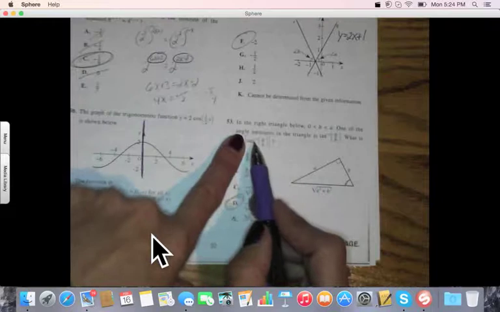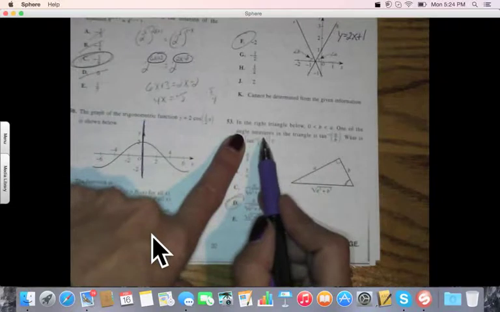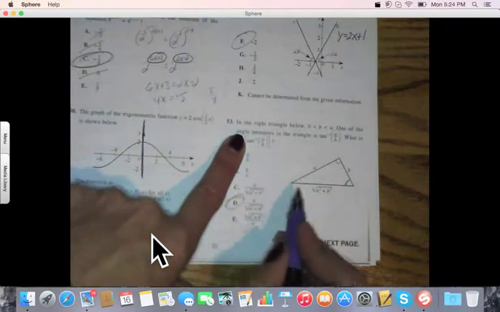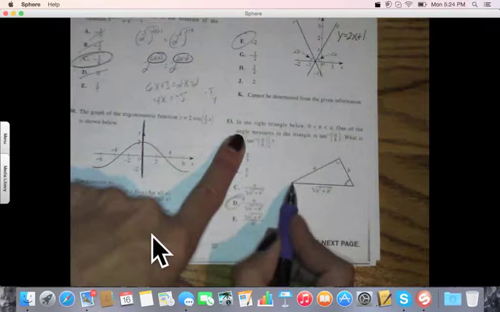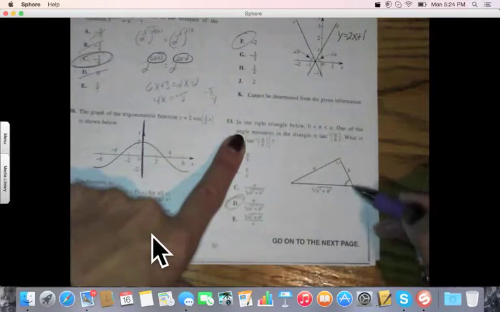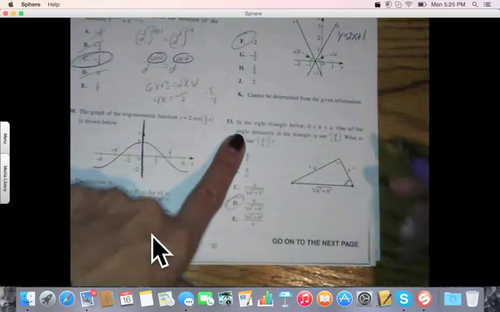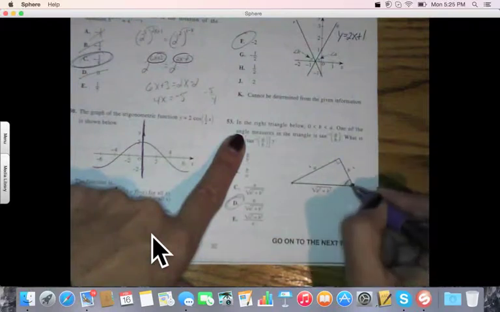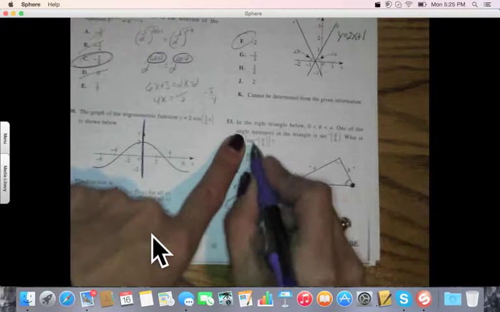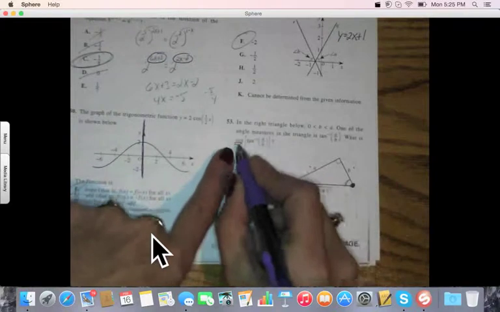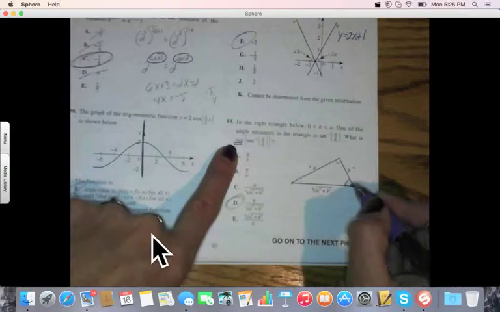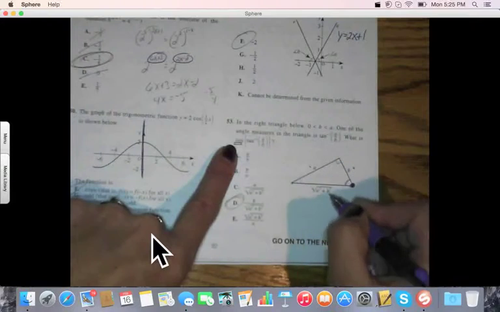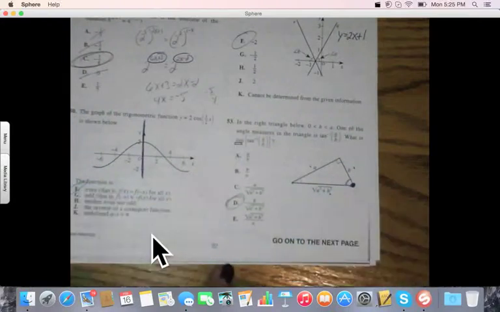So if I stand at an angle, the tangent's going to be A over B. So am I over here and the tangent's A over B? Or am I over here and the tangent is A over B? Well, I'm over here. It's opposite over adjacent. So I've got to be standing here for this inverse tangent to work out. Now I want the cosine of that angle. So cosine is adjacent over hypotenuse. So it's D.